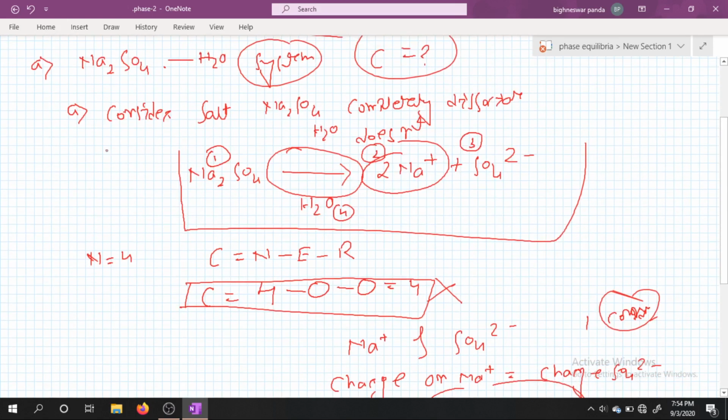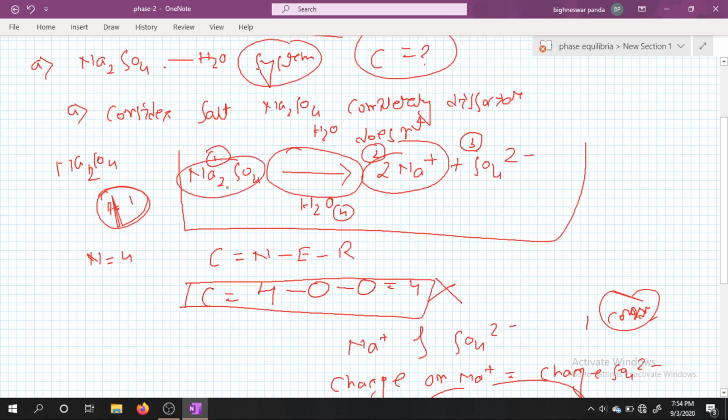Here Na2SO4 completely dissociates in water. So here phase equal to 1. The species are 1, 2, 3, and water is also a species, but we are considering Na2SO4 completely dissociated.